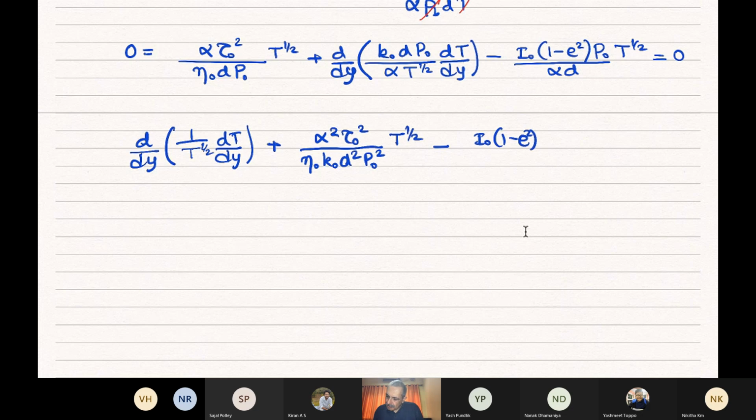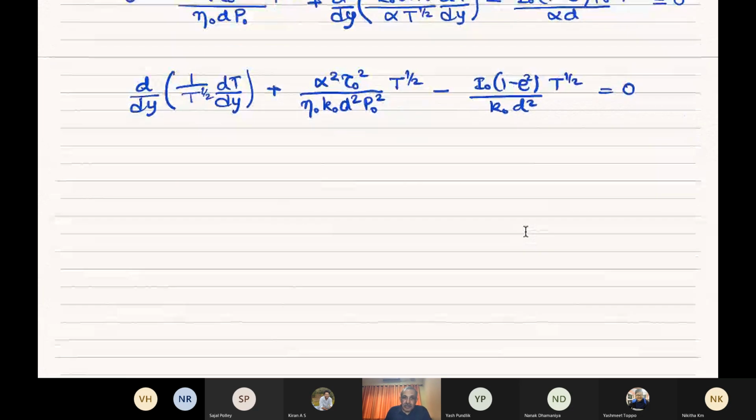So P0 disappears, alpha disappears, and you will have at the bottom K0 D squared. So this is what I get.